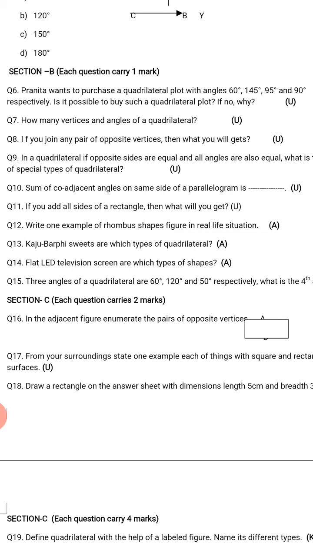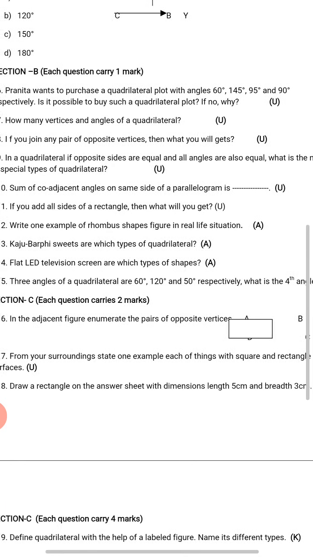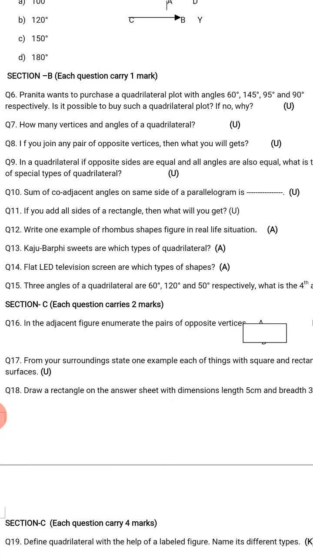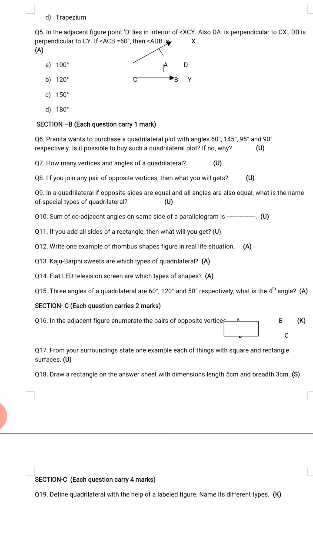Now, from your surroundings, state one example each of the following: things which are square and rectangle surfaces. So they will just give the real life example. This question goes to the understanding.